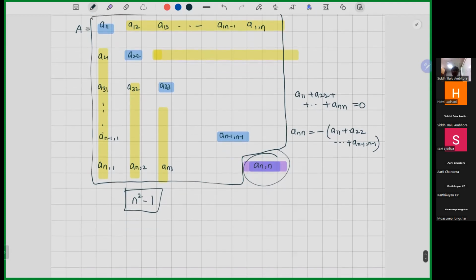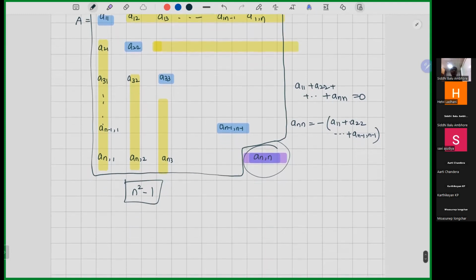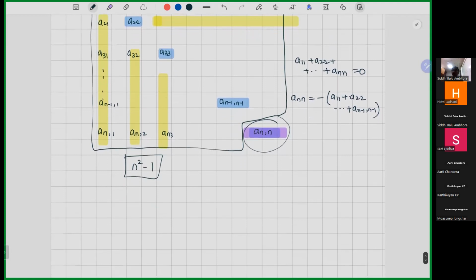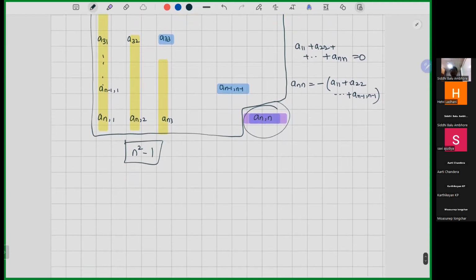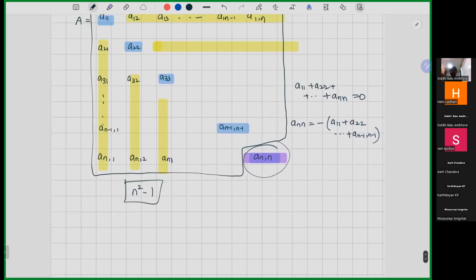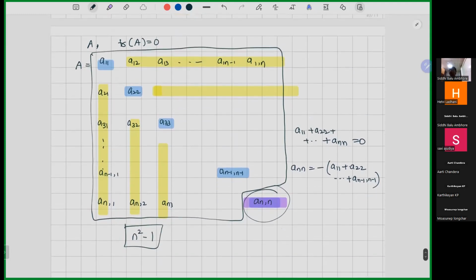This last element is the only one we are excluding from the basis, because we are making it dependent on these elements. Okay? Okay, it's clear to Karthikeyan. Any doubt here? Like how this is happening or why this is happening?